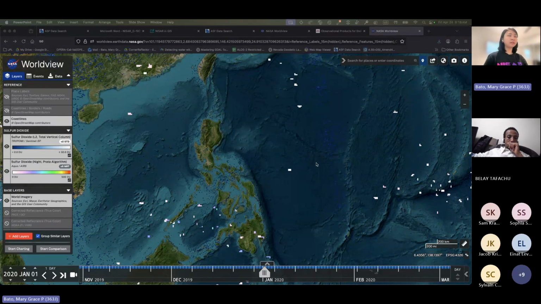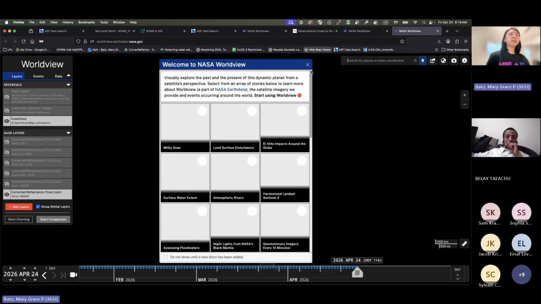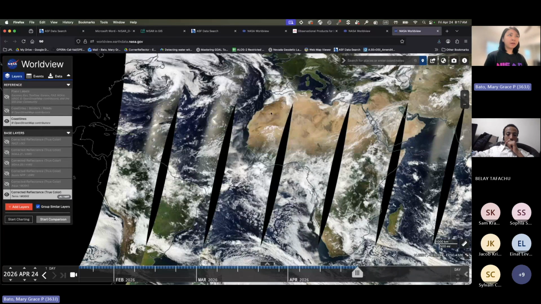We're going to take a look at the event. So if you're on your computer, you can just go to worldview.earthdata.nasa.gov, and then you'll see this platform. Normally the default is MODIS, very cloudy, as you can see. But if you want to go to a volcanic area, it's hard to see where it is.